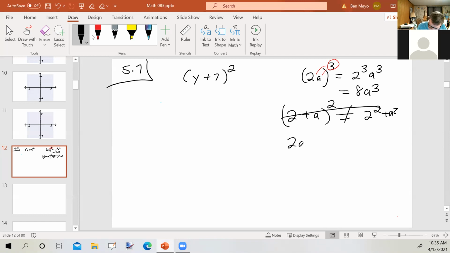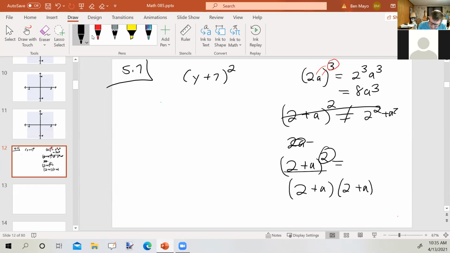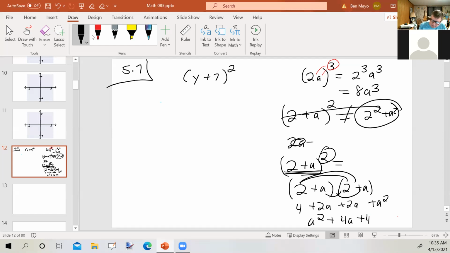What does happen, if we have 2 plus a, the quantity squared, we have 2 plus a times 2 plus a. We have 2 factors of that base. And then we FOIL them together, like in the last section. So we get 4 plus 2a plus 2a plus a squared, or a squared plus 4a plus 4, which is quite different from what you'd get if you did it incorrectly.